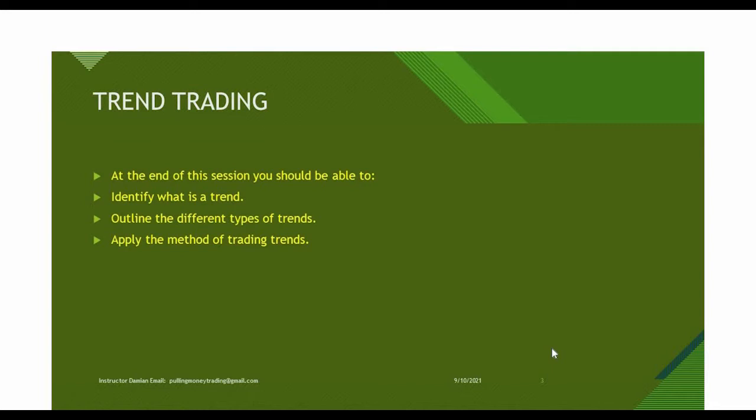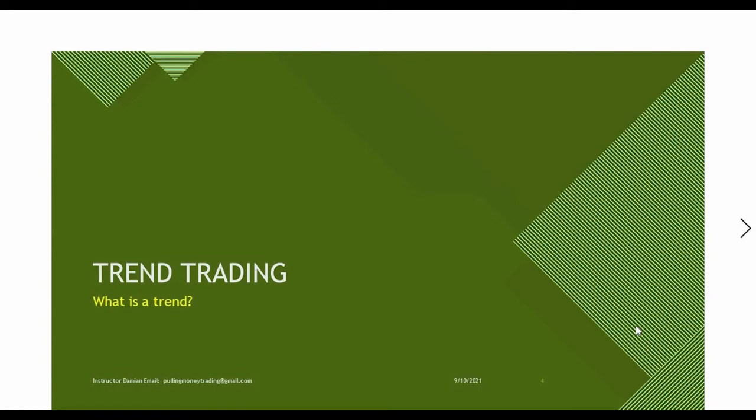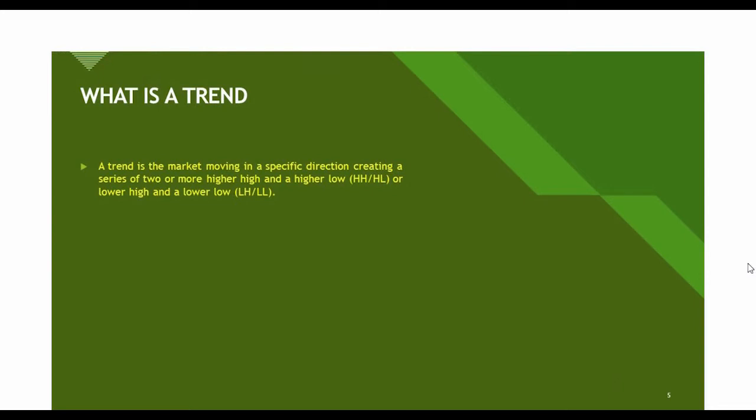Trend trading. At the end of this session, you should be able to identify what a trend is, outline the different types of trend, and apply the methods of trend trading. What is a trend?